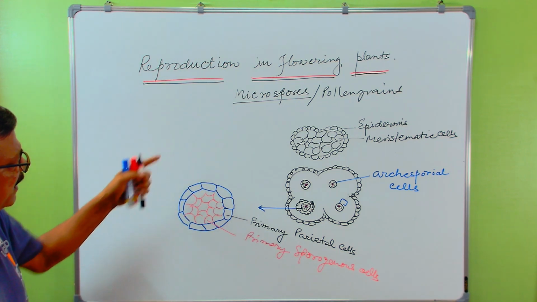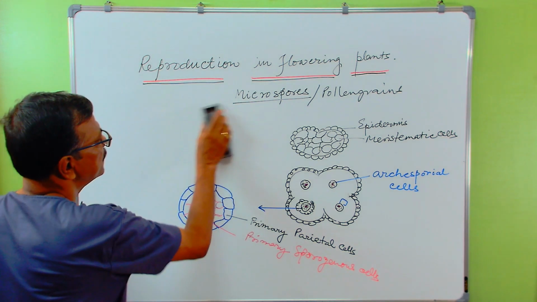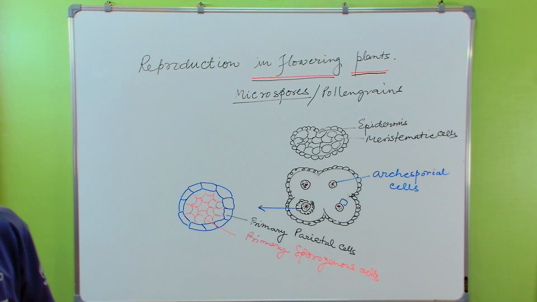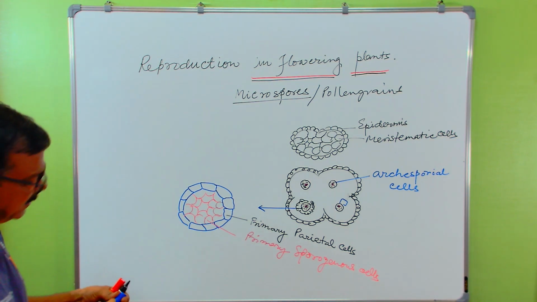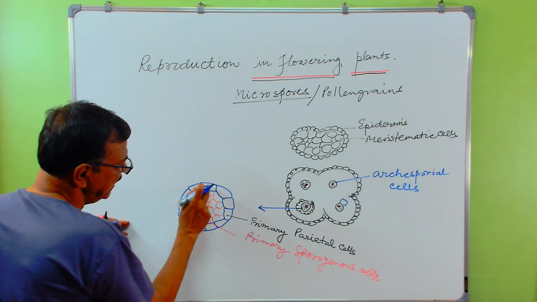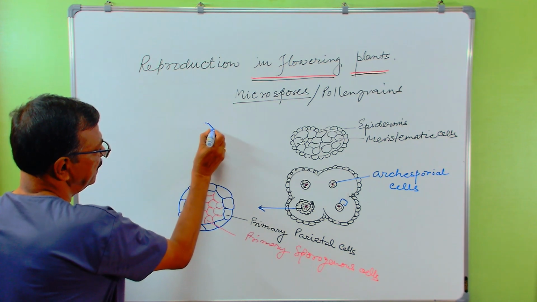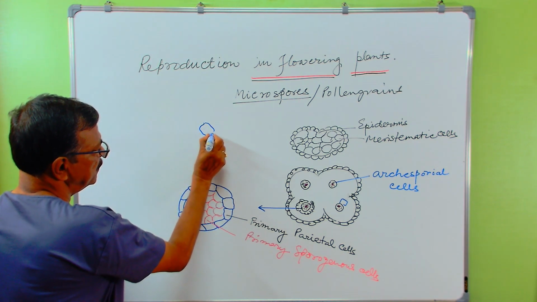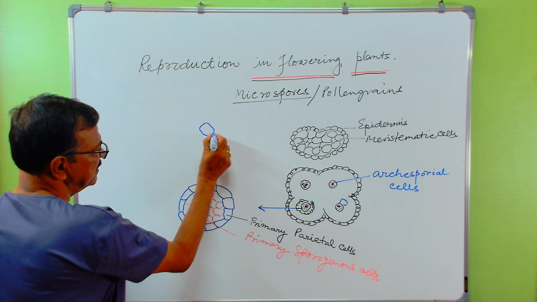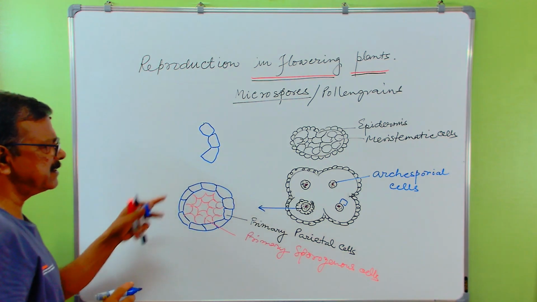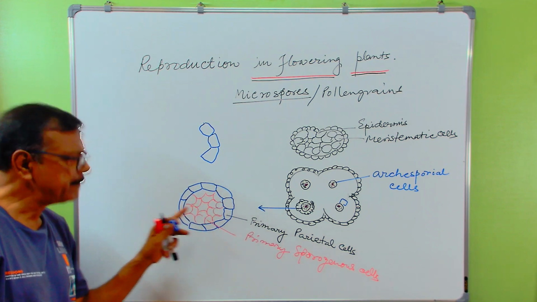Now these primary sporogenous cells will divide. Suppose this is a primary sporogenous cell.